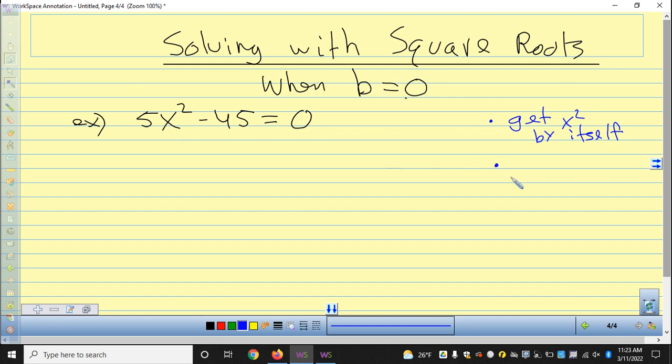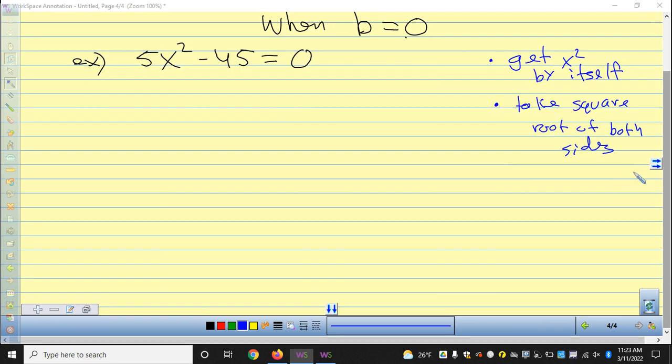Once we get x squared by itself, we take the square root of both sides. And when we solve by taking square roots, we always get a positive and negative answer.